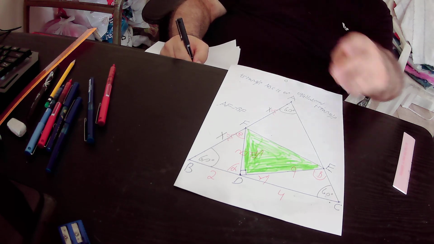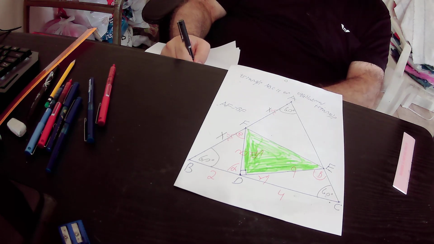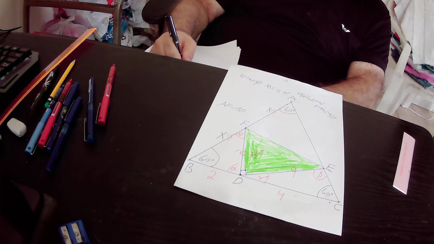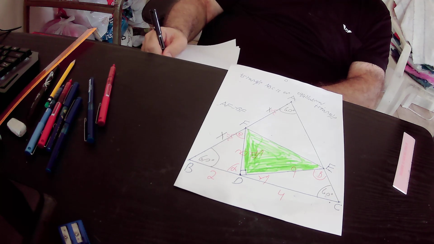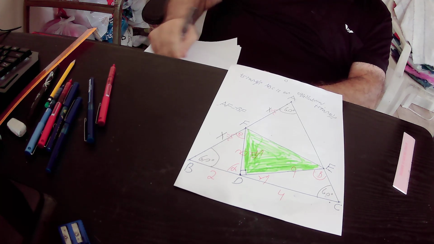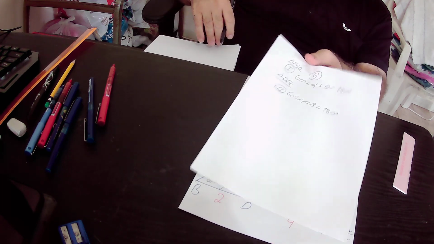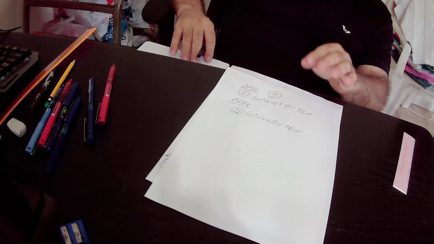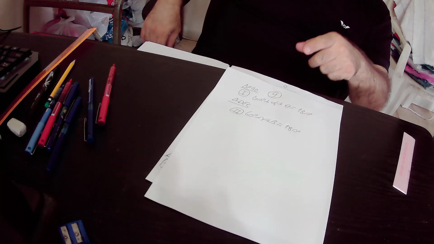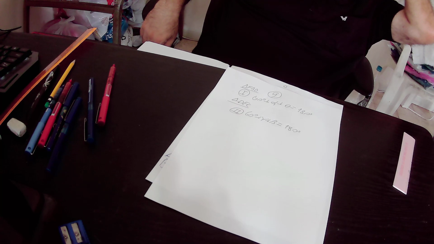It is actually 60 degrees plus gamma plus beta, and it equals 180 degrees.